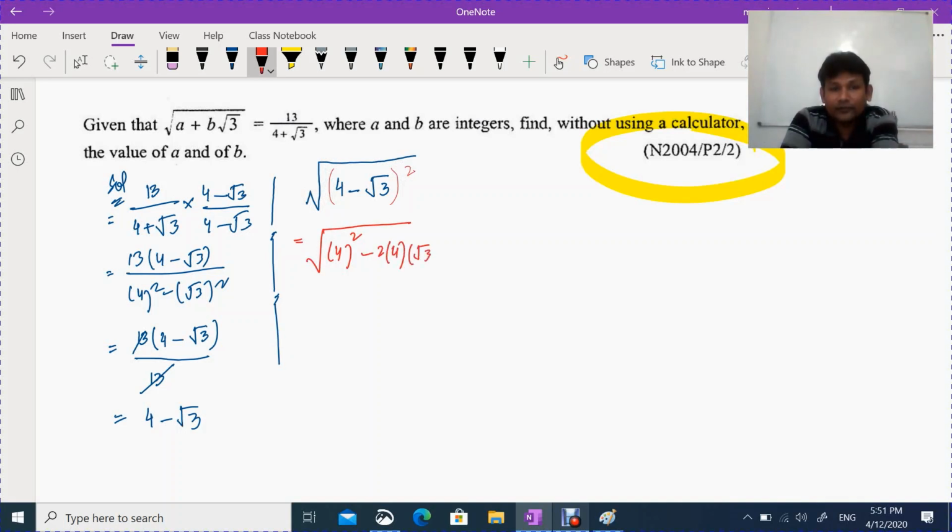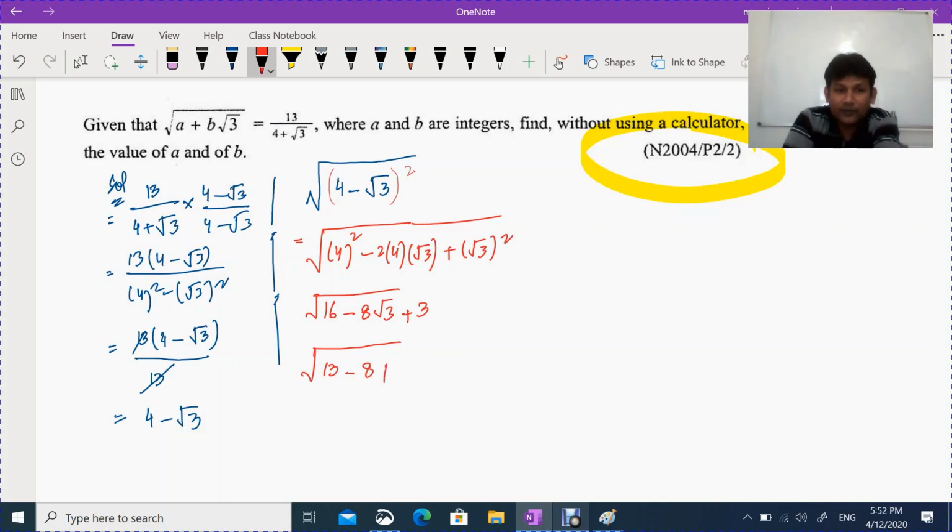Under root 3 plus under root 3 whole square, and final answer is coming 16 minus 8 under root 3 and only plus, root cancels 3, and final answer will be 16 minus 3 is 13 and minus 8 under root 3.